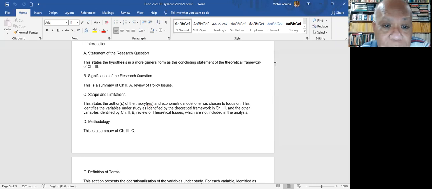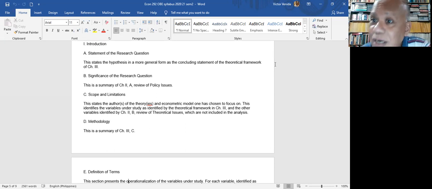Then you identify the variables as identified in your theoretical framework, and the other variables identified in chapter 2, section B, reviewed theoretical issues, which are not included in the analysis. That would be the limitations. When you therefore say the scope here would be Harris and Todaro, and the econometric model by Ravenstein, which focuses on these variables.